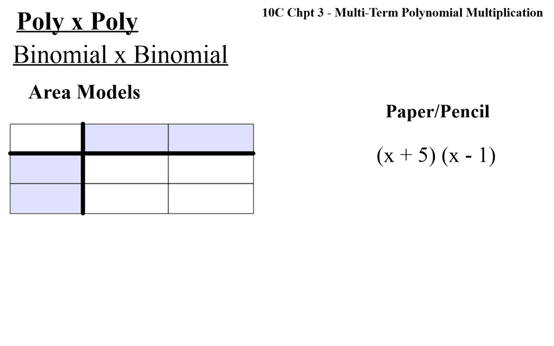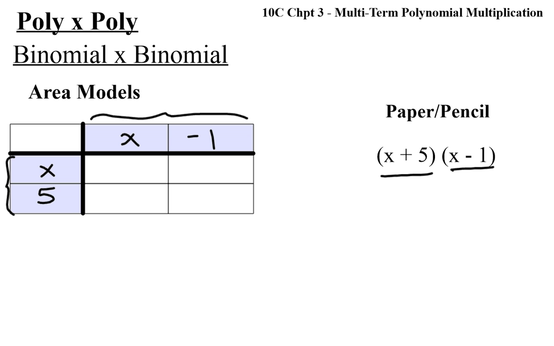So what we really need is a bigger area model. The two parts of the first factor are x and 5. The two terms in our second factor are x and negative 1. So that's what we're multiplying: x plus 5 times x minus 1.